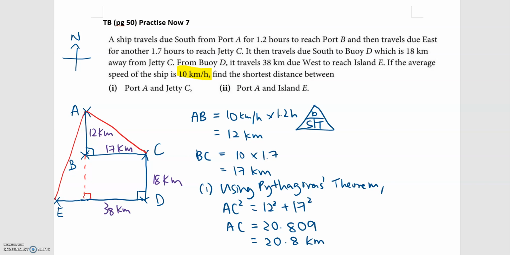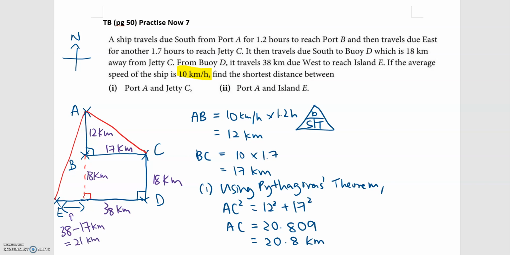So I can find the length here by taking 38 minus 17. Okay, and then this length here is simply 18 kilometers. Okay, so this length is 38 minus 17 kilometers, which actually gives me 21.